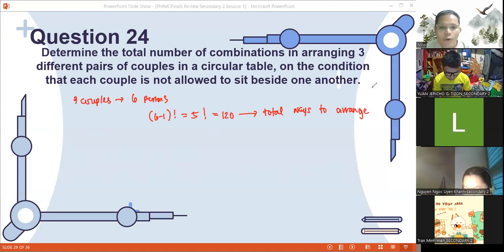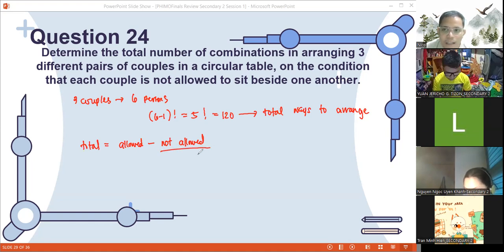Okay. Now, the condition is that each couple is not allowed to sit by one another. Okay, not allowed. So, the total, okay, is equal to allowed minus not allowed, right? So this one, we need to solve for the not allowed, correct?